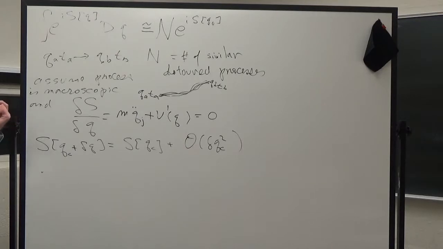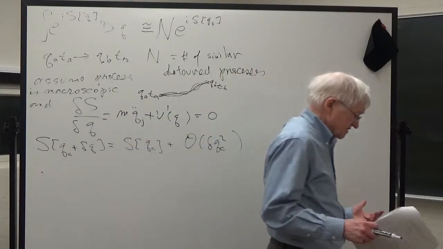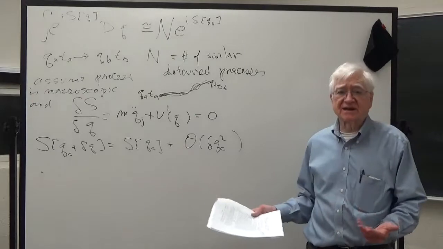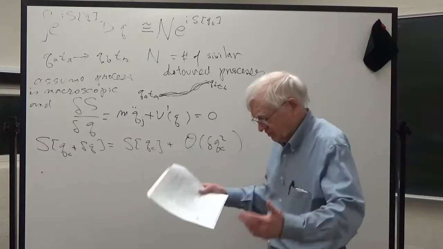Because QC and QA are almost identical, essentially anything can happen on a small scale. This is why, when you get to microscopic physics, quantum mechanics is important, because anything can happen. Whereas in classical physics, the path integral tells us only classical processes.